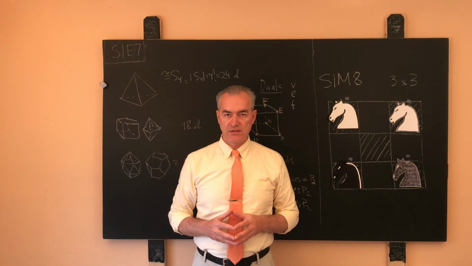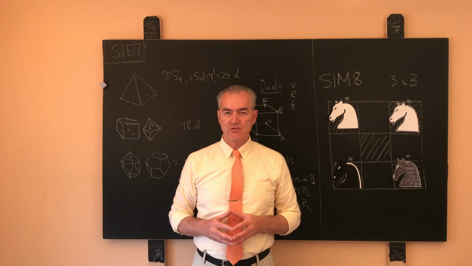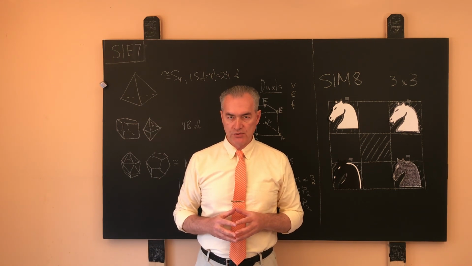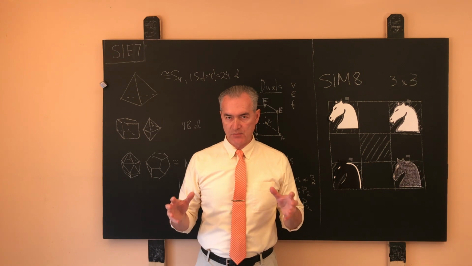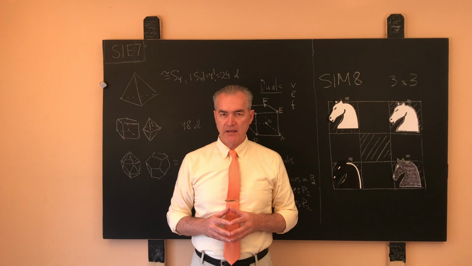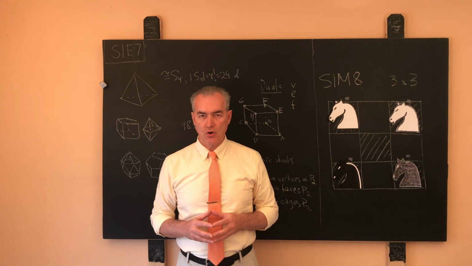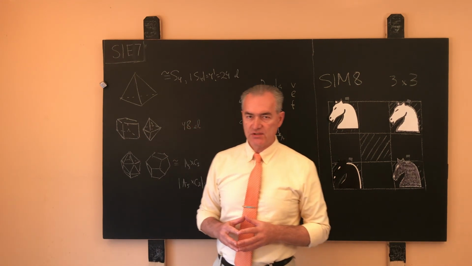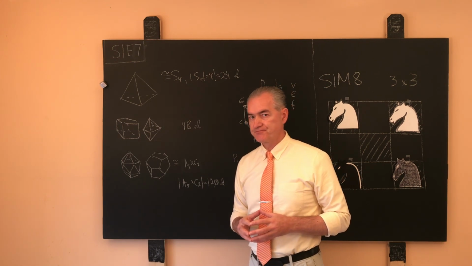How can this be? Well, the reason why the theory of groups looks at 5 Platonic solids but sees only 3 can be explained by the notion of duals of these polyhedrons.